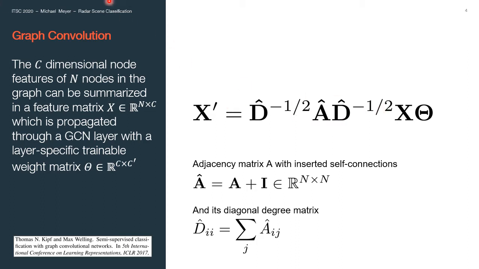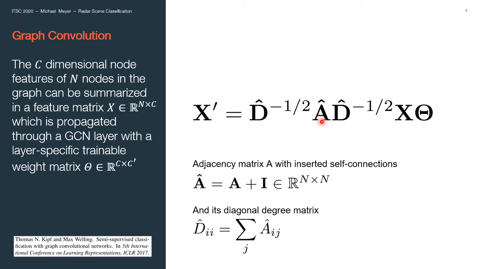A hat is the adjacency matrix A, which contains the edge weights with inserted self-connections, and D hat is its diagonal degree matrix. The first part of this equation corresponds to a weighted sum of feature vectors, where the weighting is done through the edge weights.